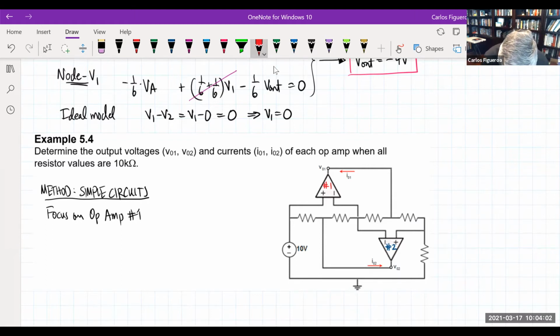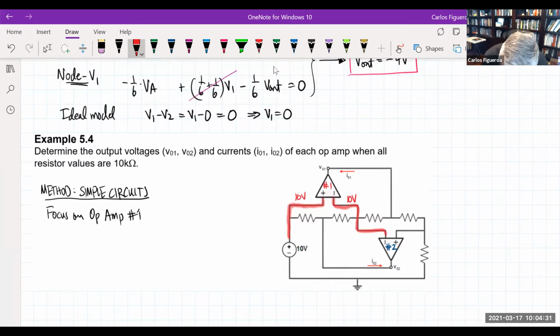So what I'm going to do here is that if you look at this thing, I'm going to look at the input of all of these. And one of the things that you see here is that these inputs, they have to be the same. So if this guy is 10 volts, then this guy has to be 10 volts.